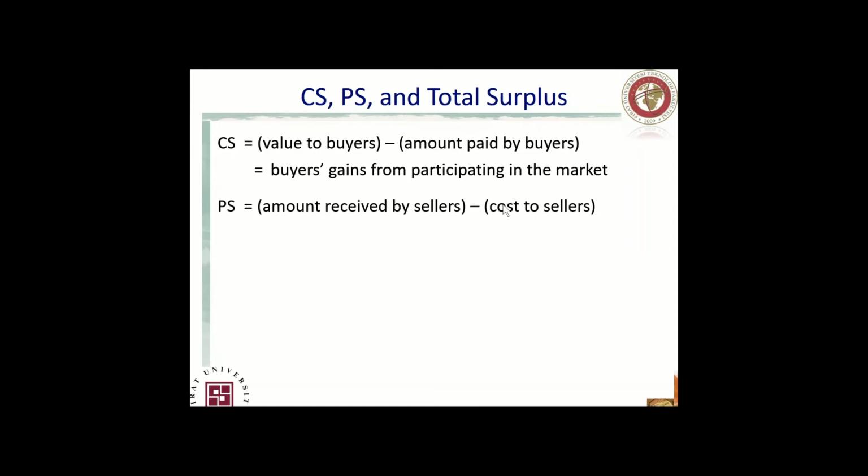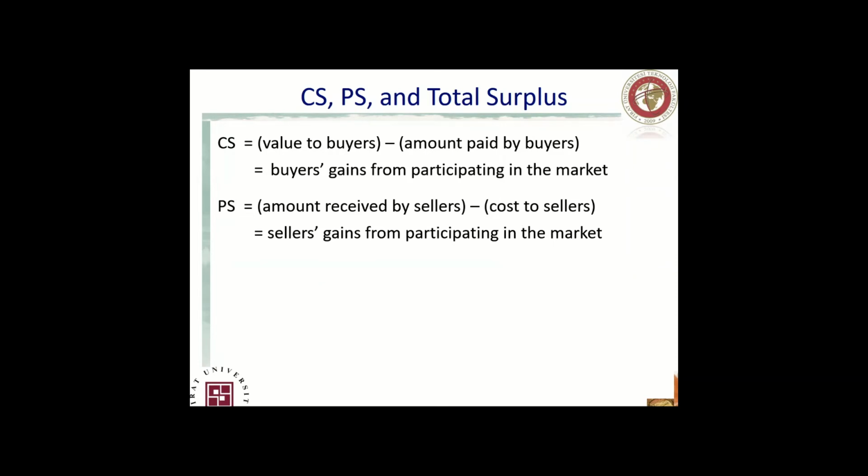So in this case, we have value to buyers minus cost to sellers, the total producer and consumer surplus, in total. If we sum up CS and PS, what would we get? We would get this kind of combination, which is actually value to buyers minus cost to sellers.